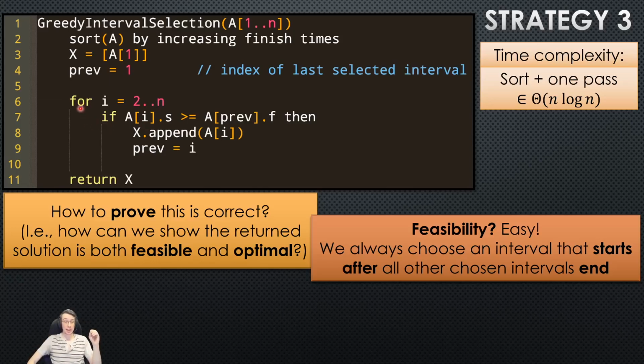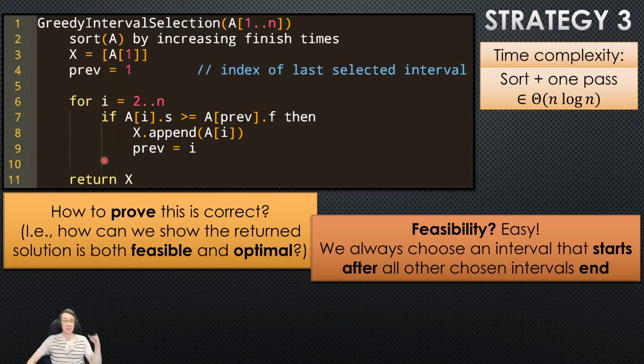If you want to prove that formally, you do that with a loop invariant. Base case: when I enter the loop, I've only chosen one interval, so there are no overlaps in my x array of things I've chosen. For my loop invariant, I assume that at the beginning of the loop, everything in my x array, all of those intervals, are pairwise disjoint.